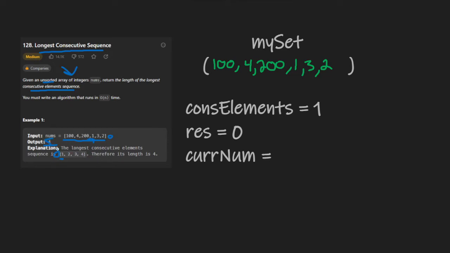It'd be 5, right? So our goal here is to look for the smallest number in a sequence and then start counting from there. So this is actually going to be starting at 1. As long as there are any elements, there's going to be a length of 1.